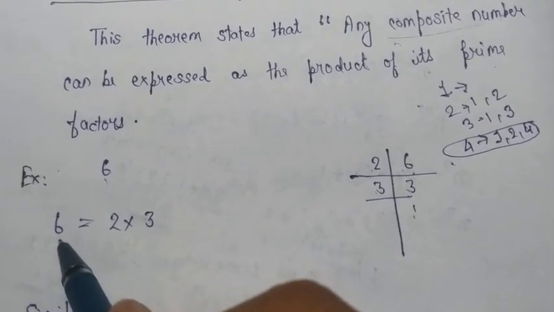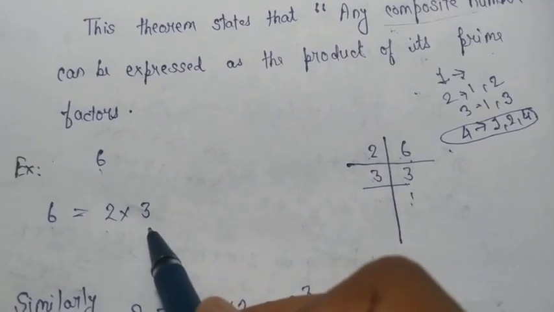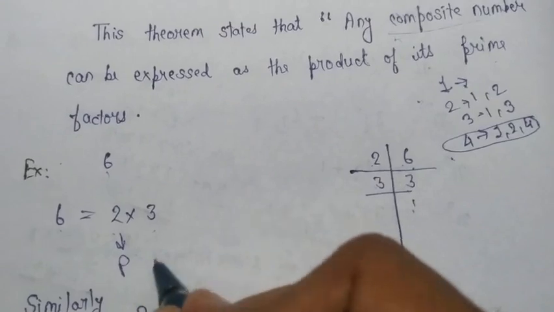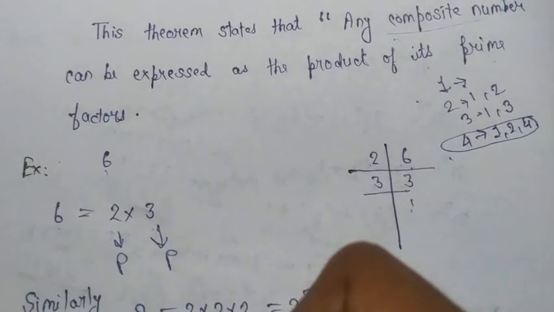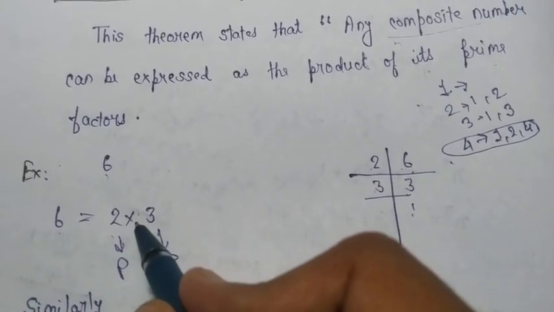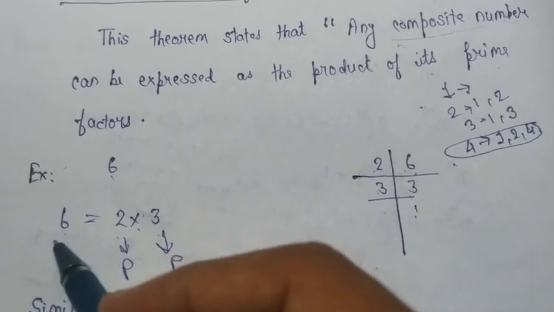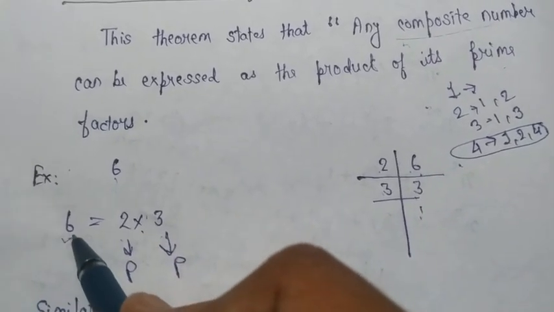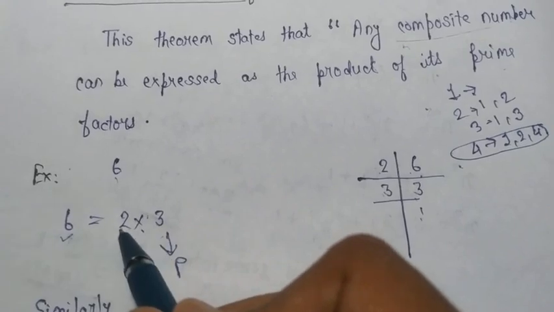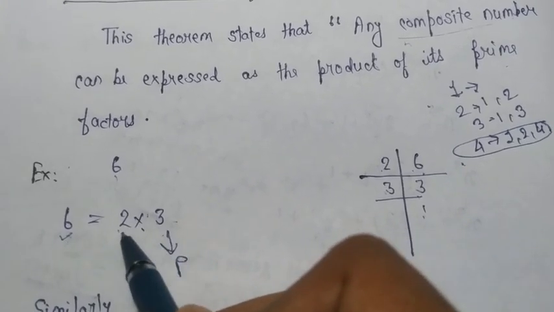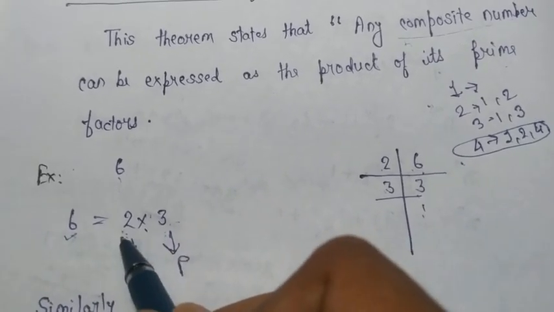So see, 6 can be written as 2 into 3. 2 is also prime and 3 is also prime. And this sign implies the multiplication sign. So 6 can be represented as the product of its prime factors, and the prime factors are 2 and 3.